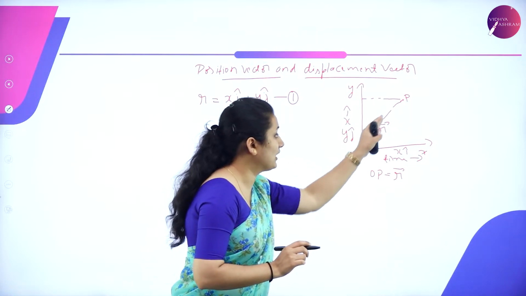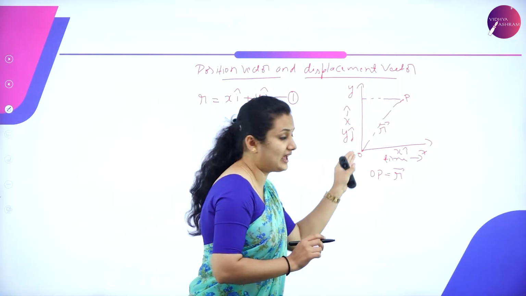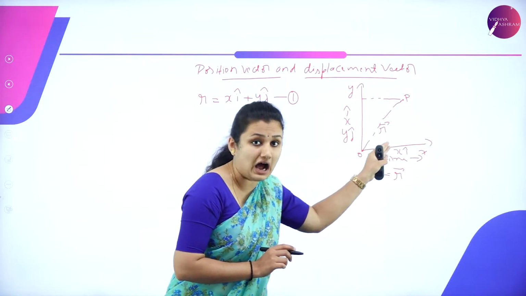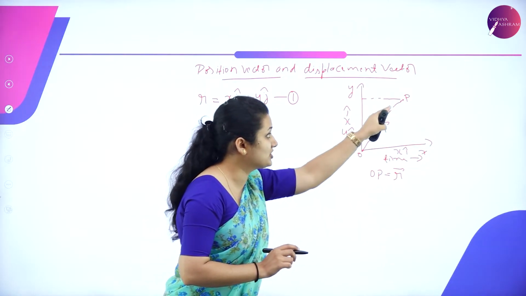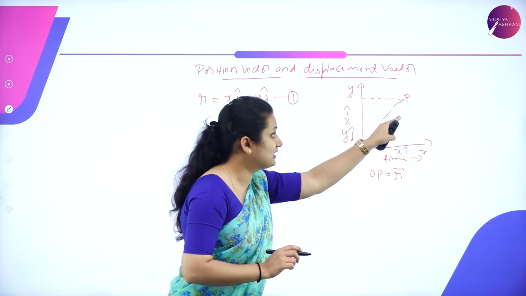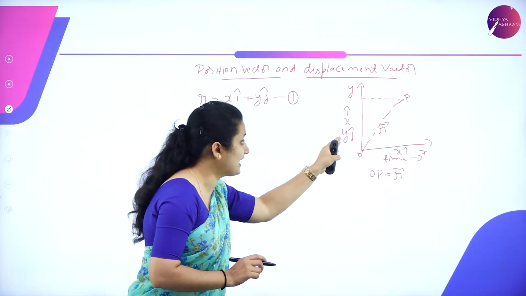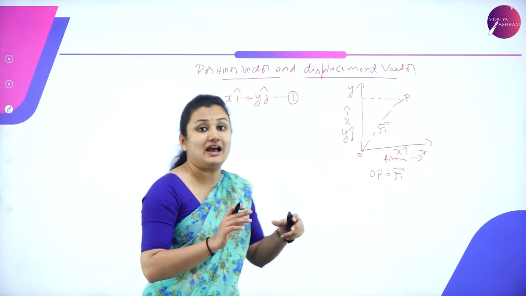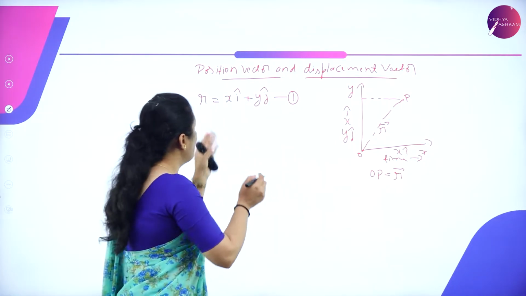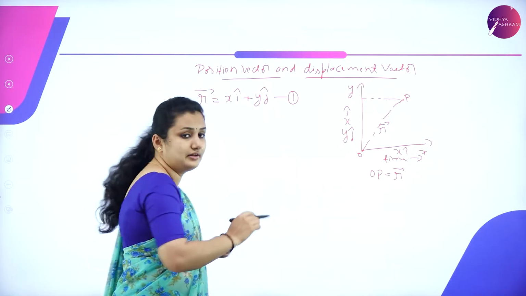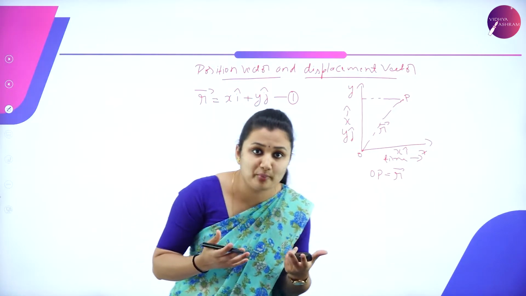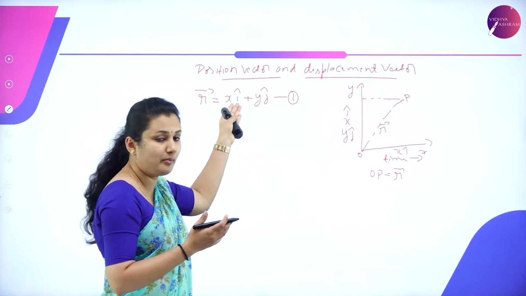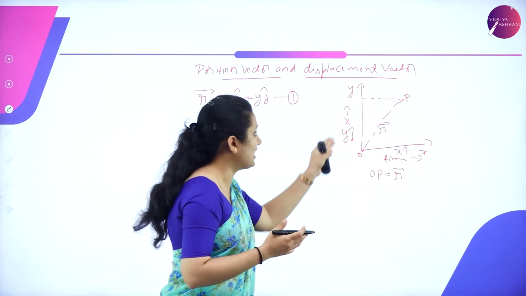The position of P, line OP, is represented by R. It is split into the particle's projection along x-axis plus the particle's projection along y-axis. So I have resolved vector R into its respective components along x-axis and y-axis.